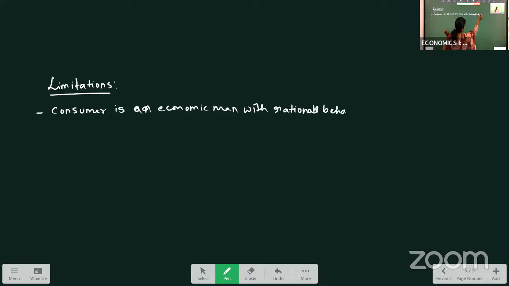With rational behavior means what? Economic man: how much money he is spending, for that much money he wants satisfaction. So that is what I have explained by the law. Means this limitation will be there. Consumer is not rational, but he is an economic man. How much money he is spending, to that he wants maximum. But here we assume always he wants maximum, which is not true.